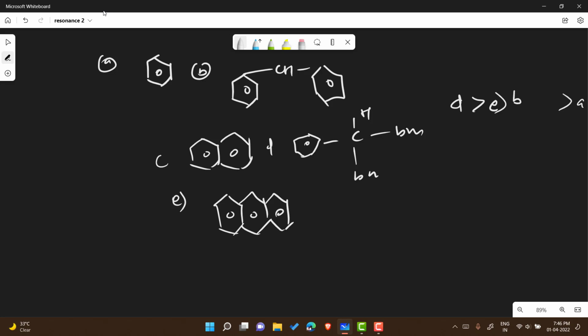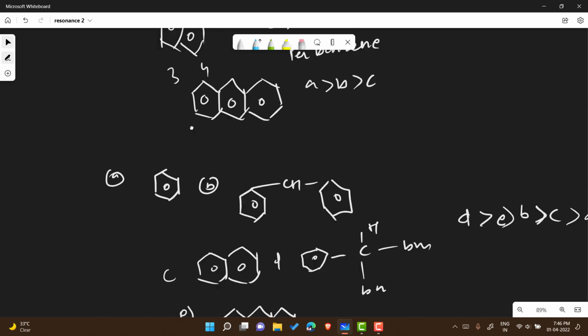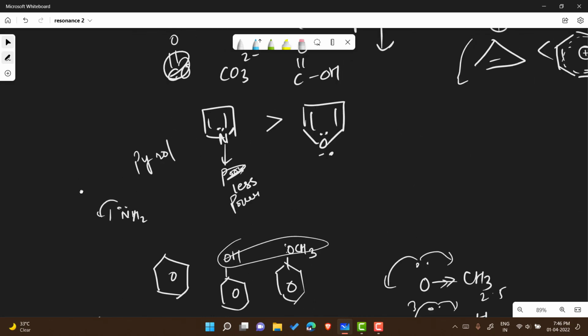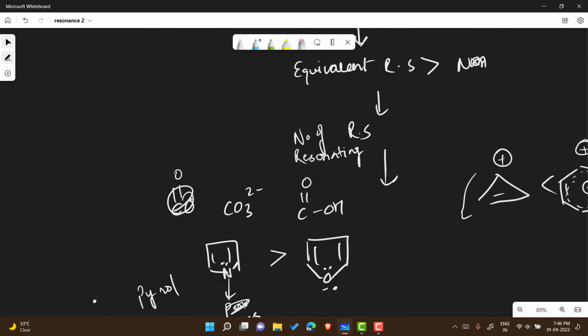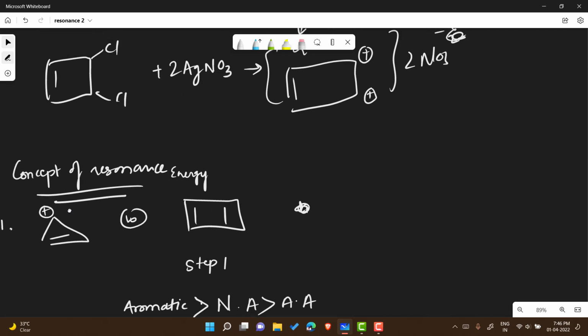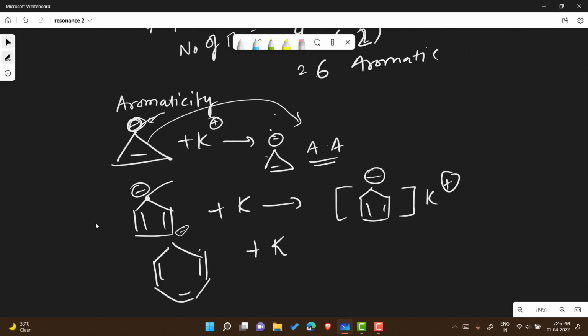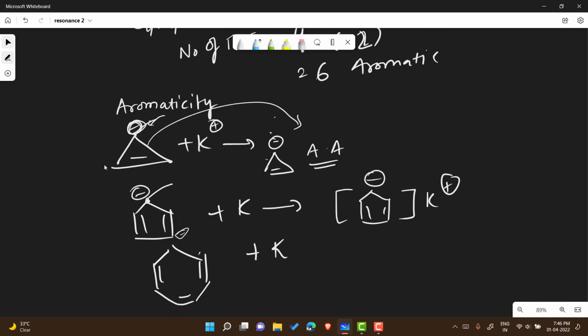These are some of the concepts which nobody will ask you in CBSE. If you want to learn about CBSE, the resonance energy is not part of it. If you want to know only the concept, then Huckel's rule and aromaticity, non-aromaticity, anti-aromaticity, and the difference between them are part of CBSE. So you should remember that.